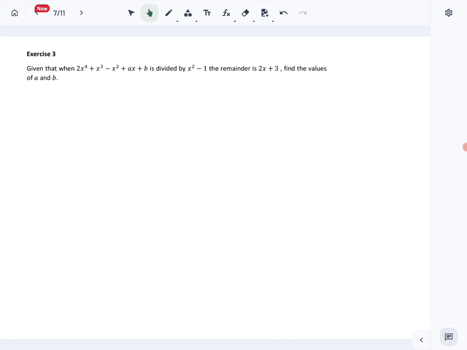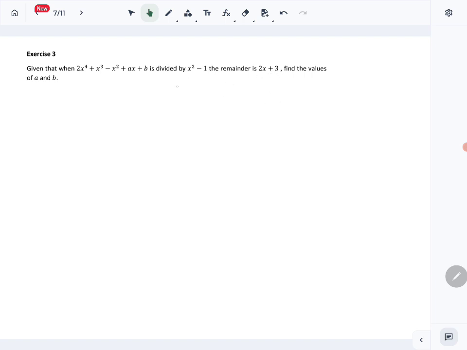Right, so this one, what are they saying? Given that this fourth degree polynomial is divided by x squared minus 1, the remainder is 2x plus 3. Find the values of a and b.